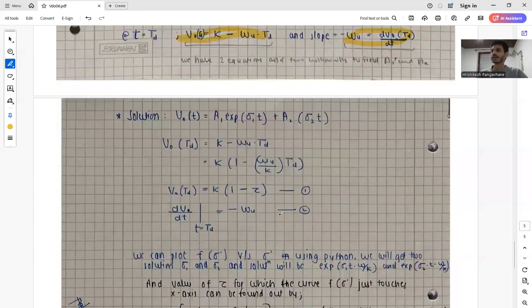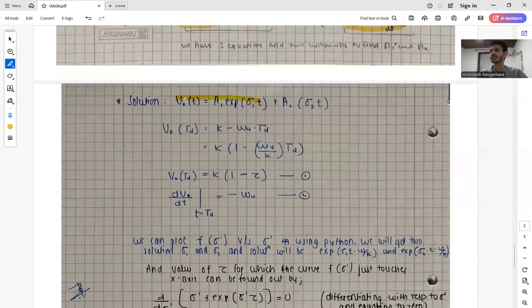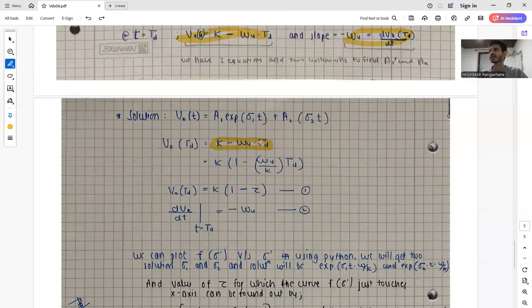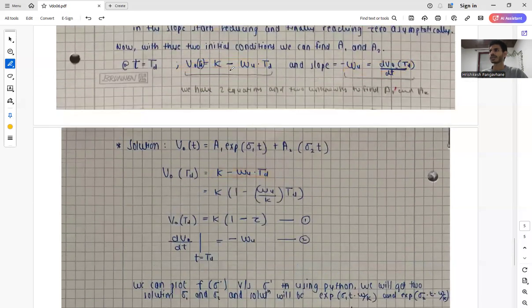So basically the solution is v naught of t equals, as we discussed, a1 exponential of sigma 1 t plus a2 exponential of sigma 2 t. I forgot to write the exponential over here. So v naught at time td is nothing but k minus omega u td, and this is what we got over here.